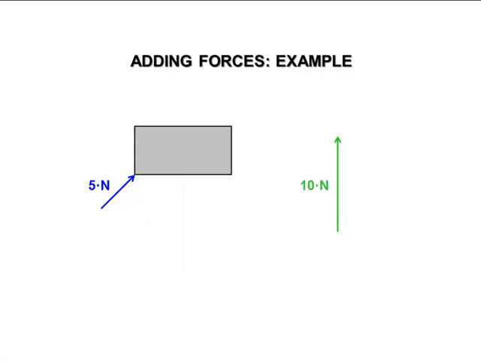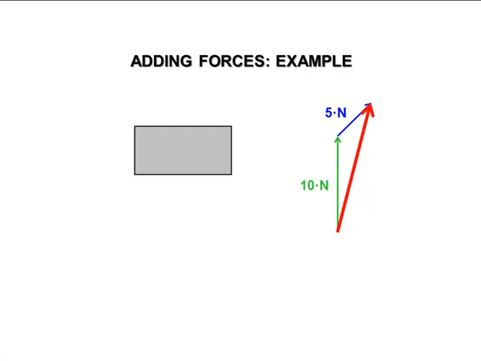So we could start with the 10 Newton force, and then we could put the 5 Newton one head to tail with it like that. And then if we go from beginning to end, there then is the net force. That red arrow represents the single force that you could substitute for the two forces that are actually there and have exactly the same outcome.